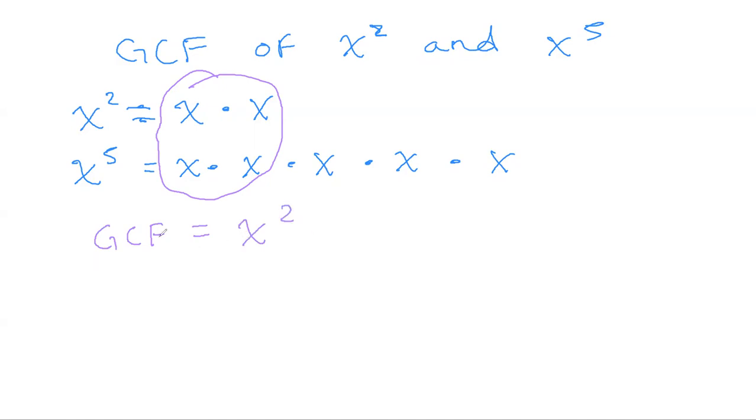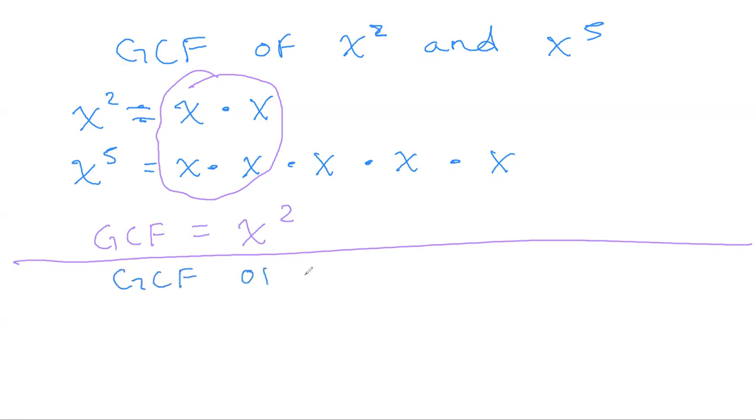And that's usually the case. It is the smallest power of x that you take out. So if I had to do the GCF of x cubed and, let's say, x to the fourth, right away I can say my GCF is x cubed because that's my smallest one.